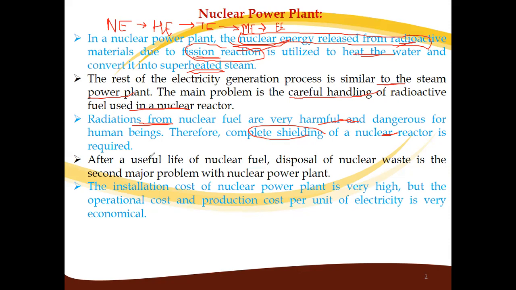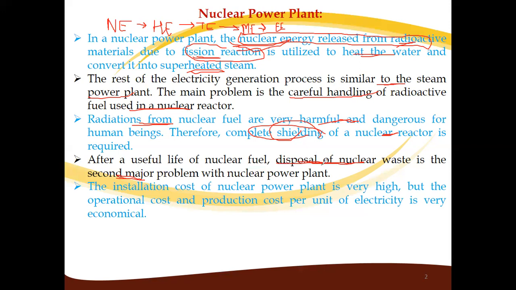In a nuclear reactor, radiation from nuclear fuel is very harmful. After the useful life of nuclear fuel, the disposal of this nuclear waste is also very important. This is the second problem faced in a nuclear power plant. First, we require complete shielding of the nuclear reactor because it is harmful as well as dangerous for human beings.